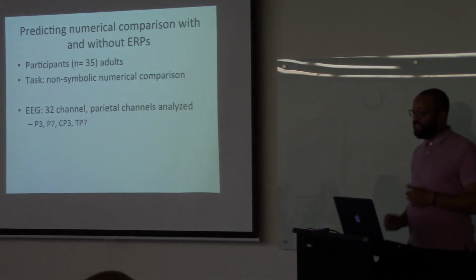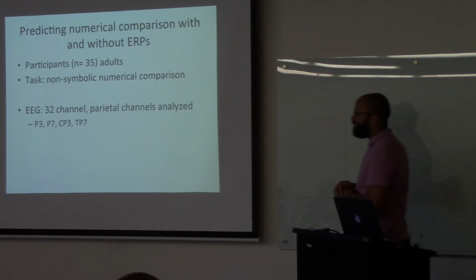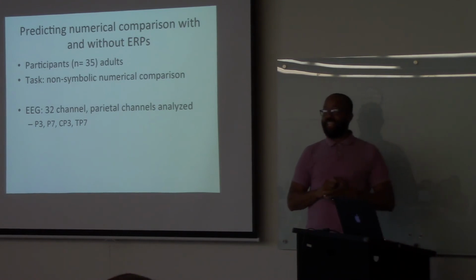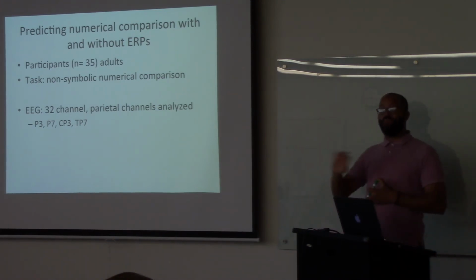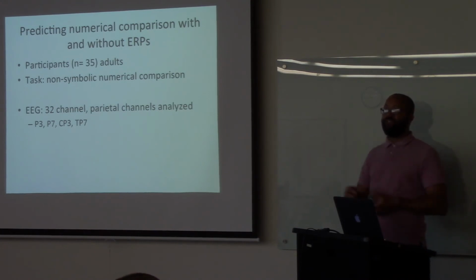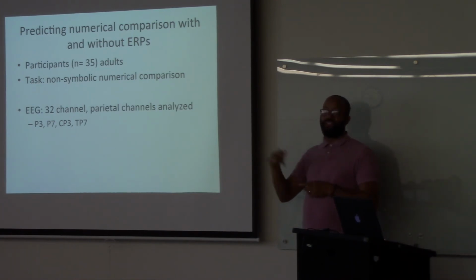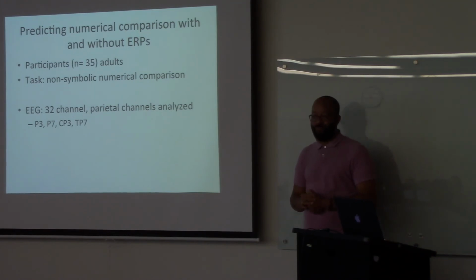So we actually took a first attempt with adults. This is on an older system before I got the new one. We were just seeing if adding in EEG improves how well the model can predict behavior. So if I have my models of these neural tuning curves, does adding in data for each individual participant about where their EEG signal is when they are doing these tasks actually improve how well the model is able to fit?